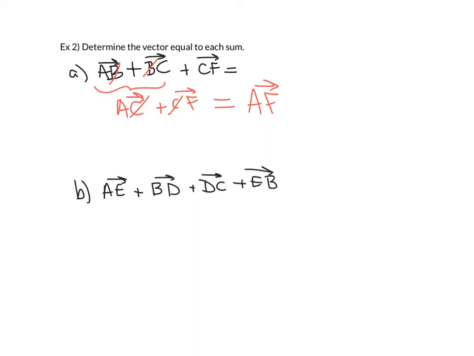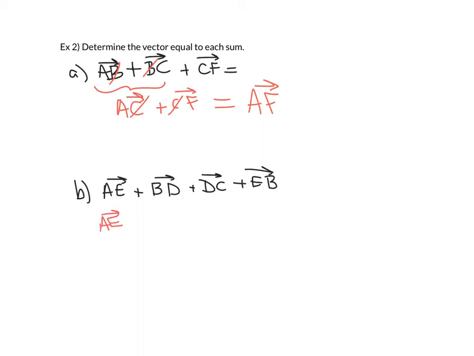Now in this next example, part B, it doesn't look as easy as part A. The reason for this is because it says AE plus BD. So right away I can tell that I don't have things canceling out the exact same way as I'm used to. What I can do is a little bit of rearranging.